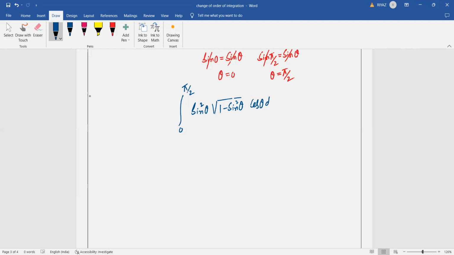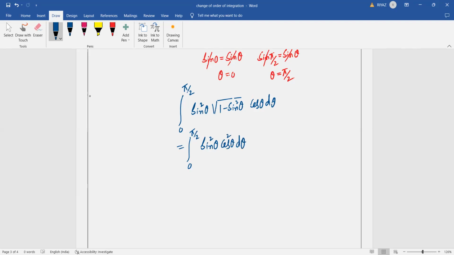We know that under root 1 minus sin square theta is cos theta, and we have one more cos outside, so cos square theta d theta.